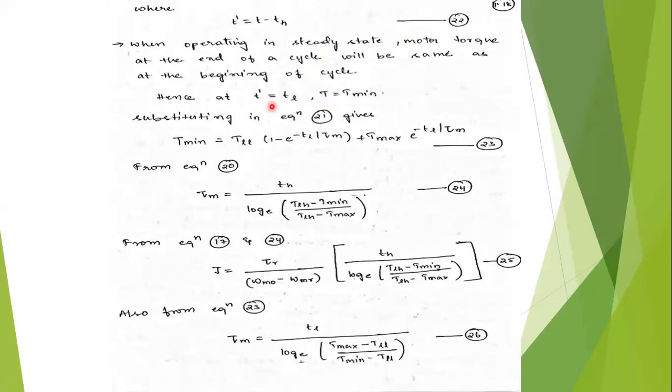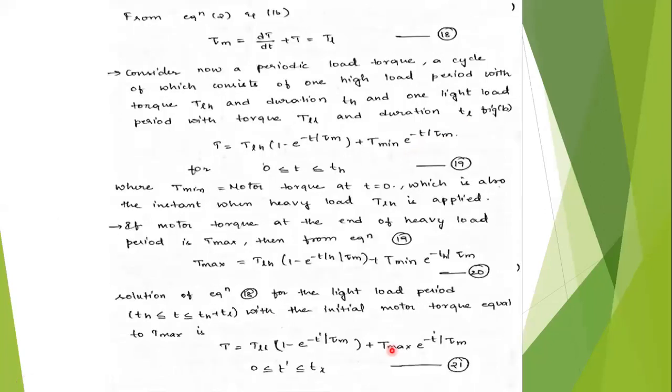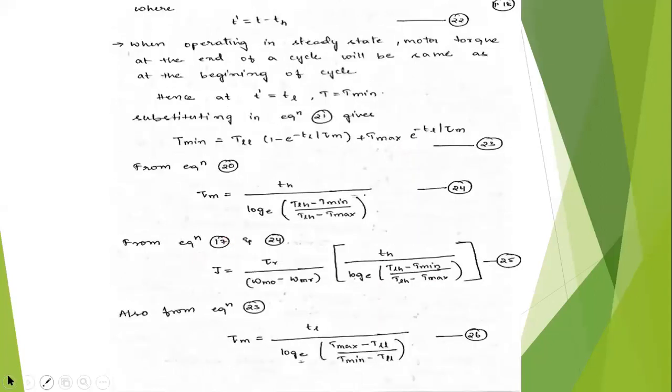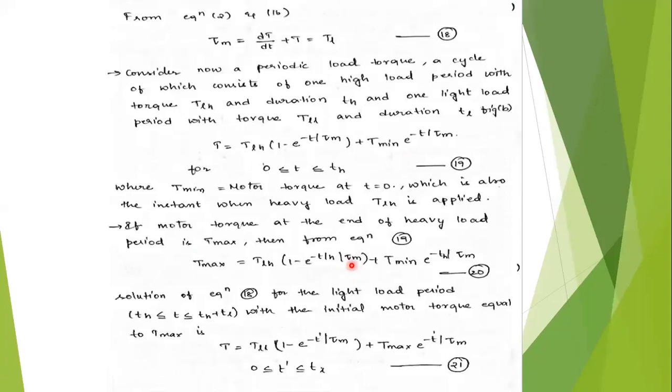If you substitute these two in equation 21, you will get T minimum is equal to TLL (1 minus e power minus TL by tau m) plus T maximum e power minus TL by tau m. Now, from equation 20, see here, this is the 20th equation.